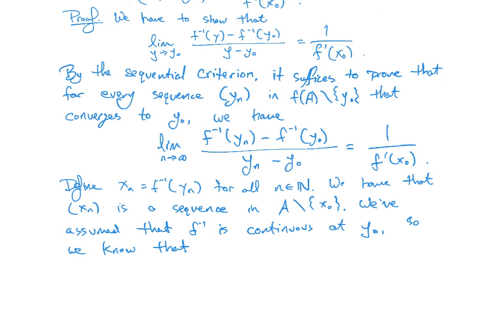F inverse is continuous, so we've got this sequence xn. We know that the limit as n goes to infinity of f inverse of yn, which is the limit of the xn's, has to be, by the continuity of f inverse, f inverse of y naught, which is just x naught.